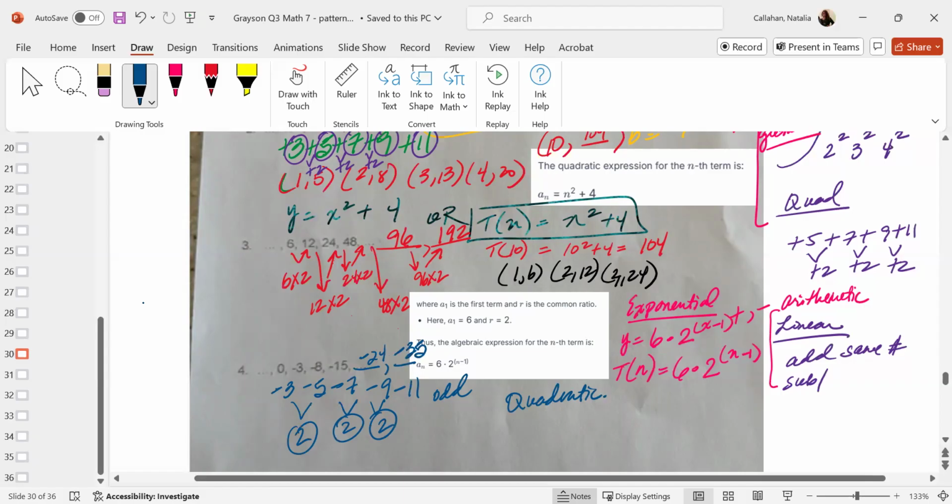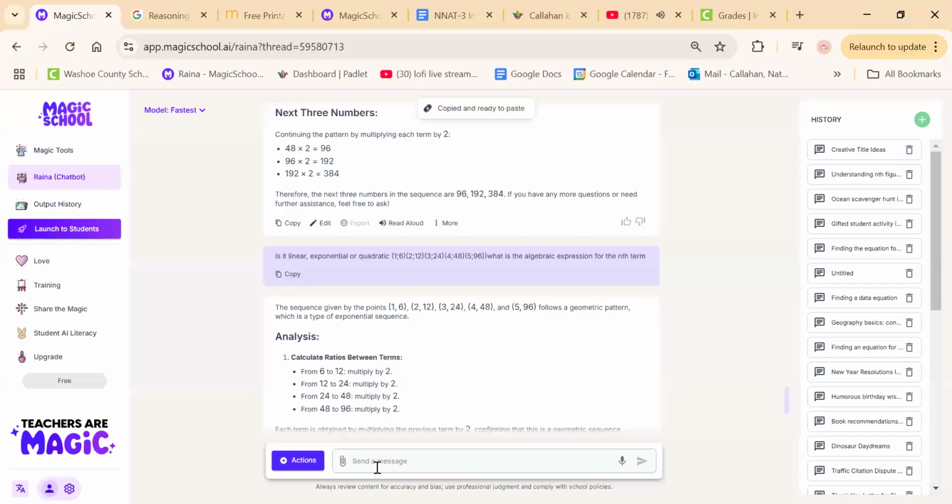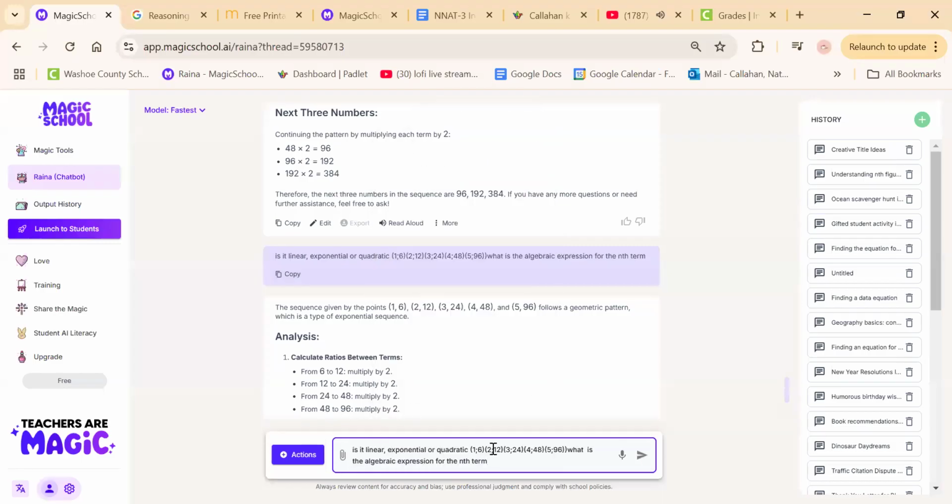21, 24. Yep, and what else? 35. Positive or negative? Okay, so then let's go ahead and figure out. What's the number?